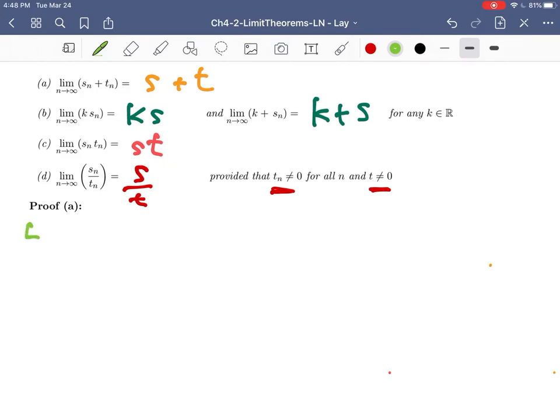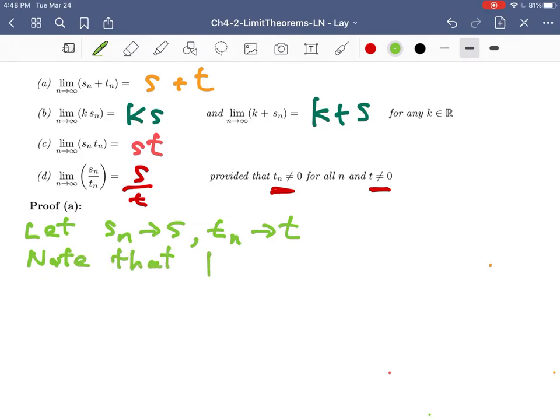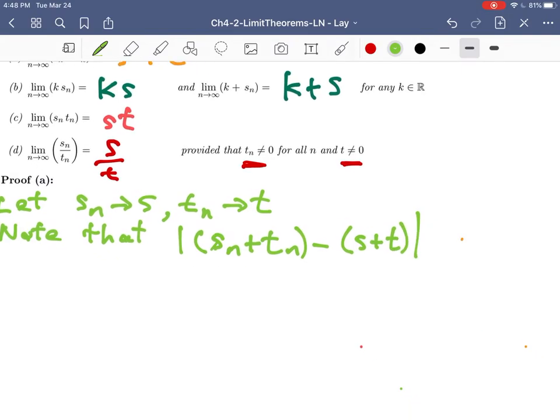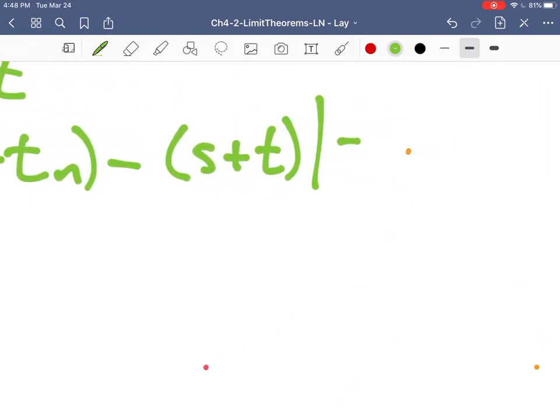So let S sub n converge to S, and T sub n converge to T. Note that if we were to look at the absolute value of S sub n plus T sub n minus S plus T, that is exactly the same as writing, so we could rewrite the stuff inside, and put the S stuff together and the T stuff together.